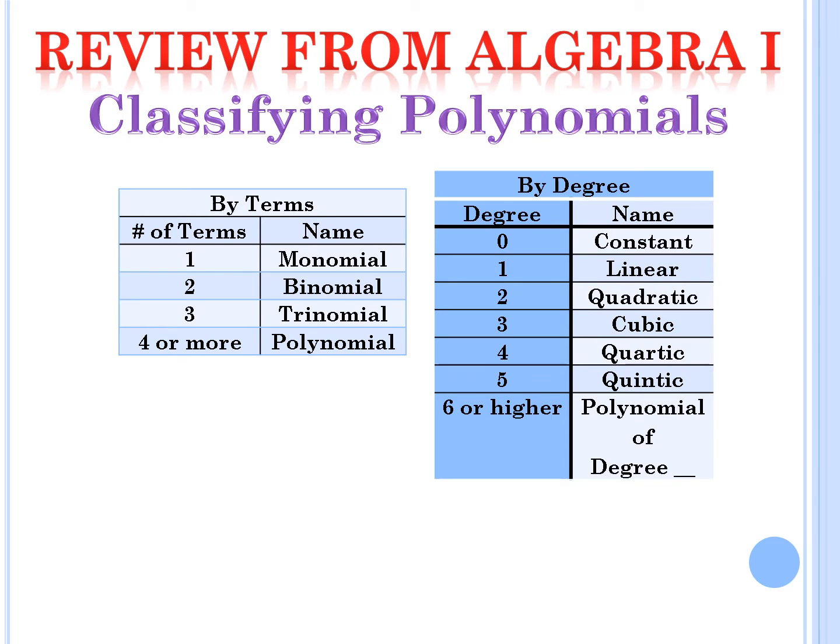If your highest exponent is 5, we call that quintic. And then if your polynomial is 6 or larger, we just call it polynomial of degree blank. So if your biggest exponent is 20, it's going to be polynomial of degree 20. You just fill in with whatever the highest degree is.